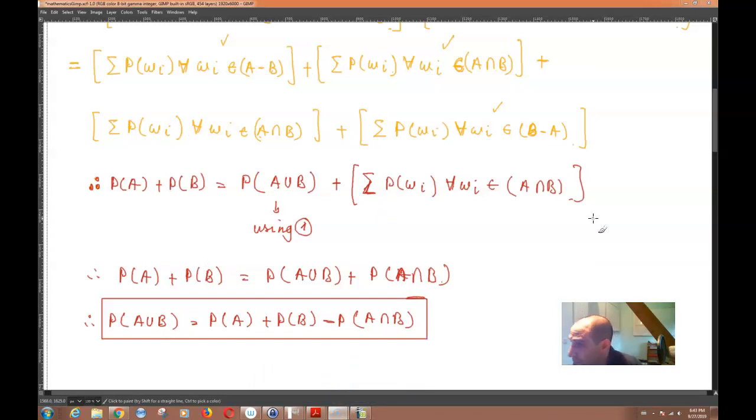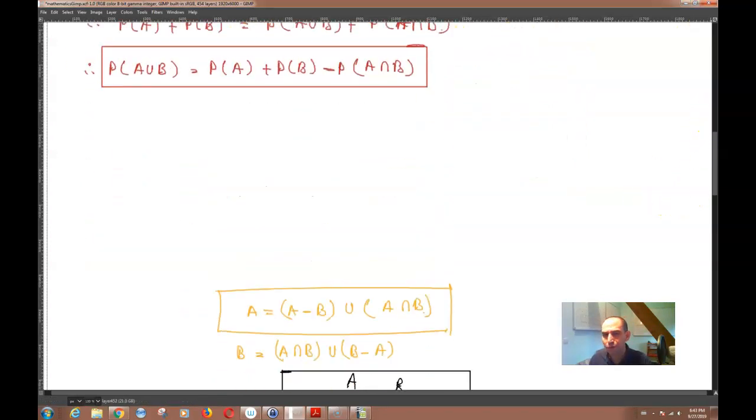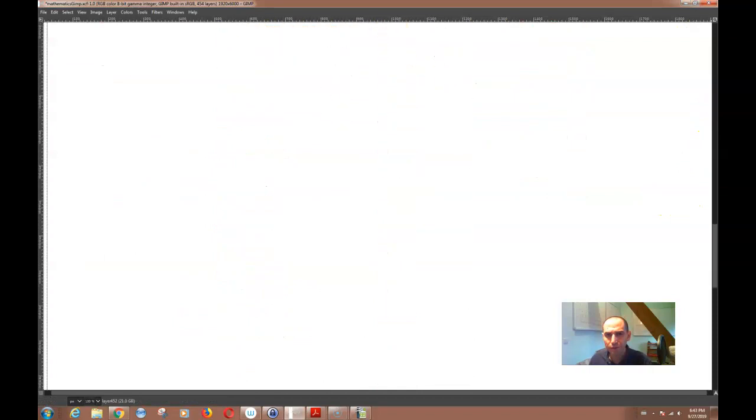Okay, so now to prove the same thing using a Venn diagram, alternatively, it can also be proved as follows.